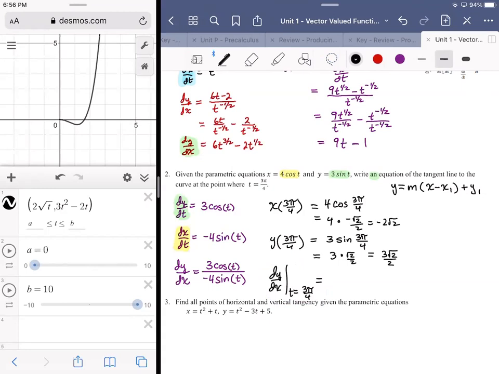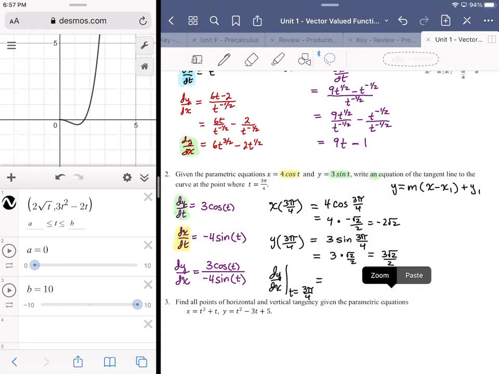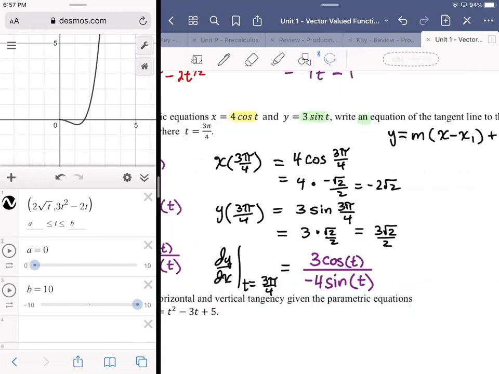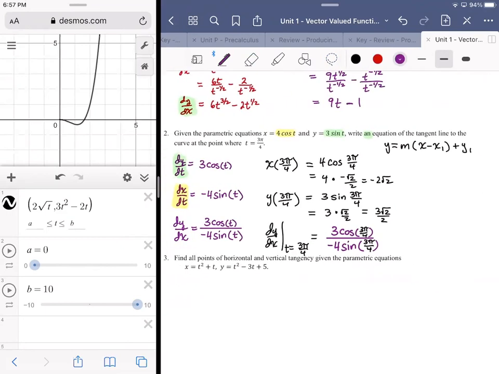Then for the slope, I need this expression replacing every t. I'm going to bring it in a little bit with a 3 pi over 4. And again, if you know your cotangent relationships, which again are just the reciprocals of tangent relationships, and for 45-degree reference angles, that's the best case scenario.